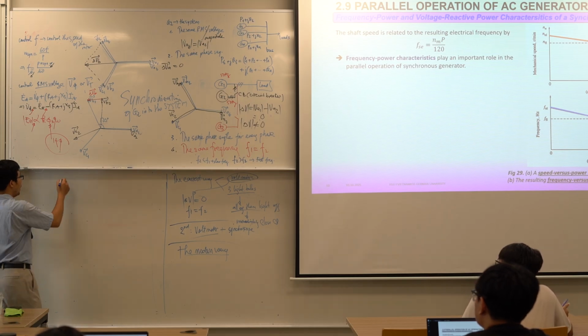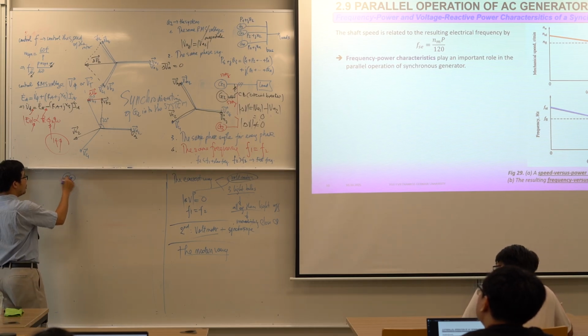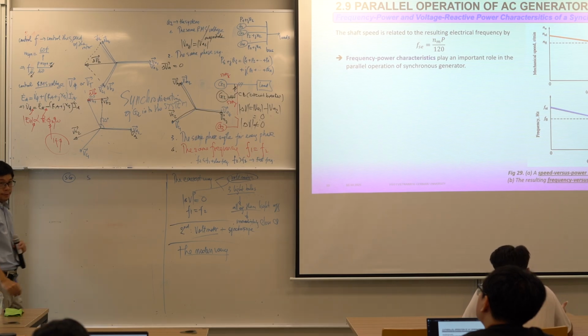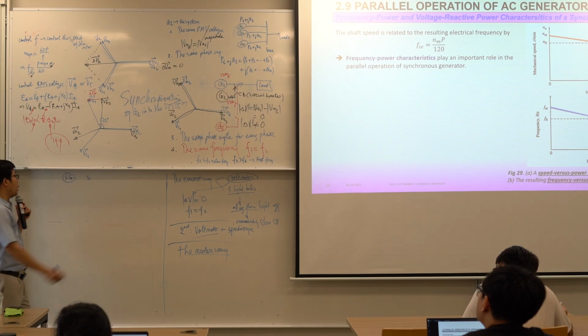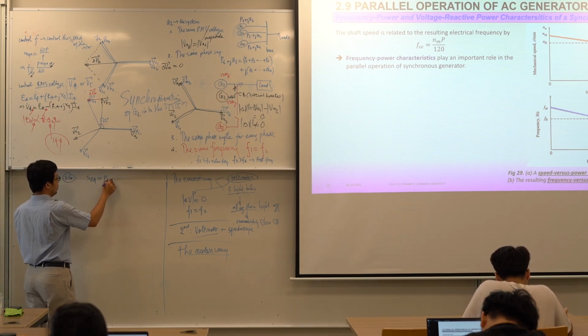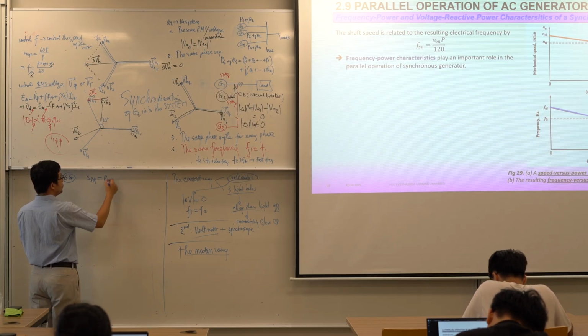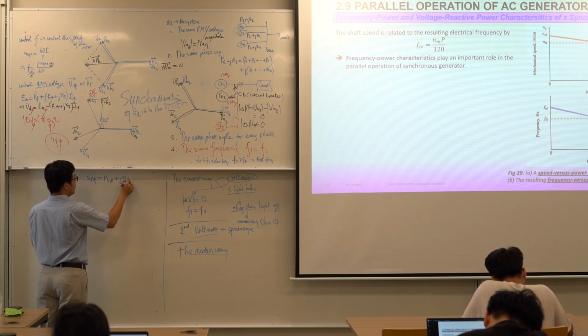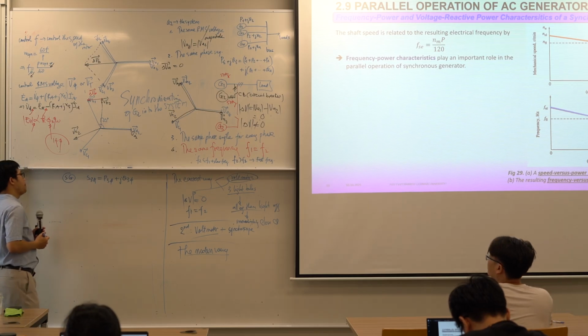Every synchronous generator has S. S is apparent power, and S three-phase is P three-phase plus jQ three-phase.